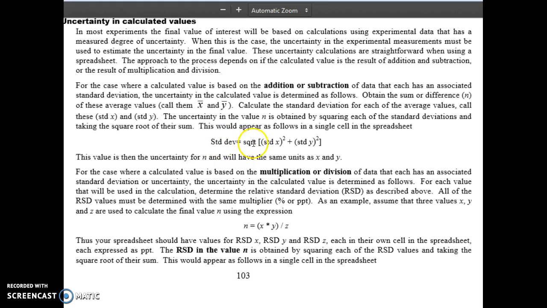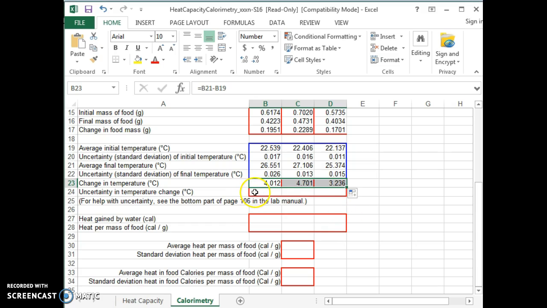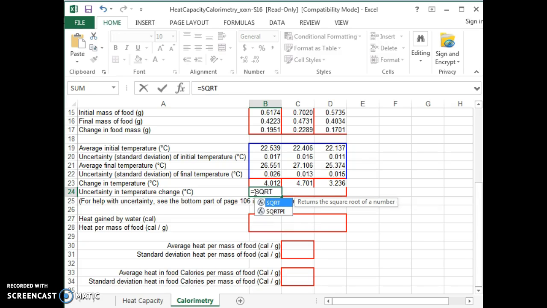But basically what we're going to do is take each standard deviation and square it, add them together, and then take the square root of that. So how is that going to look in our spreadsheet? We're going to hit equals, and in Excel, the abbreviation for the function for square root is SQRT. And then I'm going to open my parentheses.